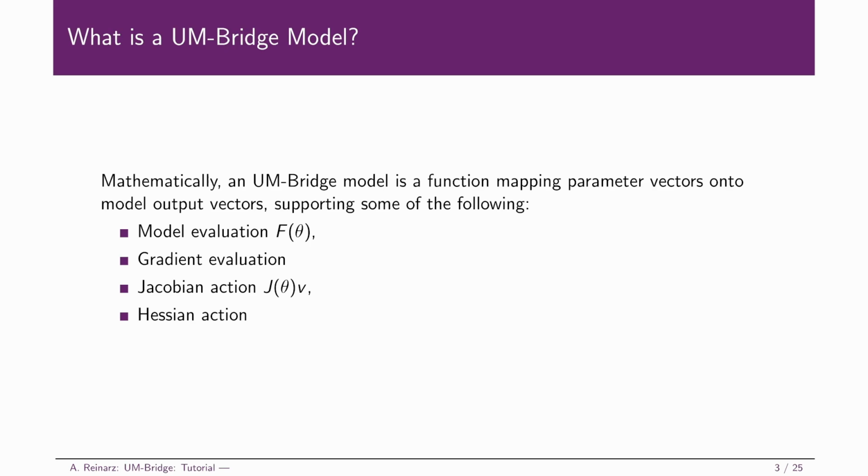And in the software sense, what this is, at least in Python, is a class which supports certain things, all of them optional: evaluation, gradient evaluation, Jacobian action, and Hessian actions. And so then you can implement any or all of these for your existing model and then call them.